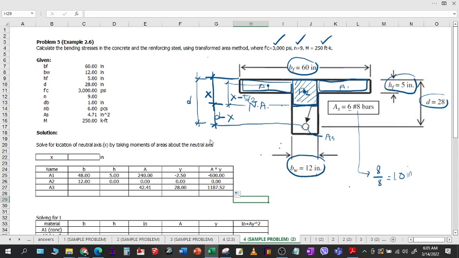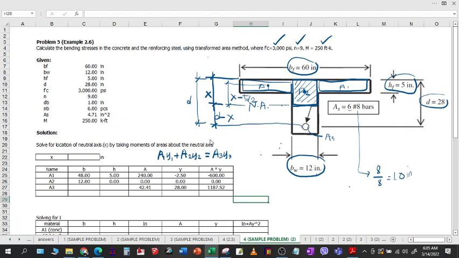Now, for this particular problem, if you sum up moments of areas about the neutral axis, this will be the equation. Area 1, Y1, plus, because there are two areas of concrete, area 2, Y2, that will be equal to area 3 or area of steel times Y3.